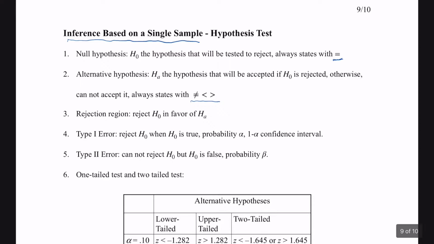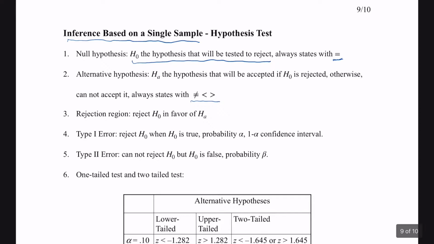And no matter what kind of question you are studying, the null hypothesis always stays with the equal sign. The testing process is actually to decide whether the null hypothesis will be accepted or rejected.